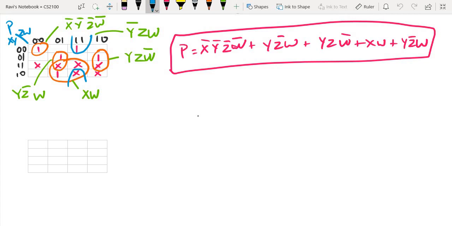We group the zeros in the K-map. So let's look at the K-map again, but this time instead of focusing on the ones, let's focus on the zeros. So let's write it first. So this is P, this is X, Y, Z, W. So 0, 0, 0, 1, 1, 1, 1, 0, 0, 0, 1, 1, 1, 1, 0.